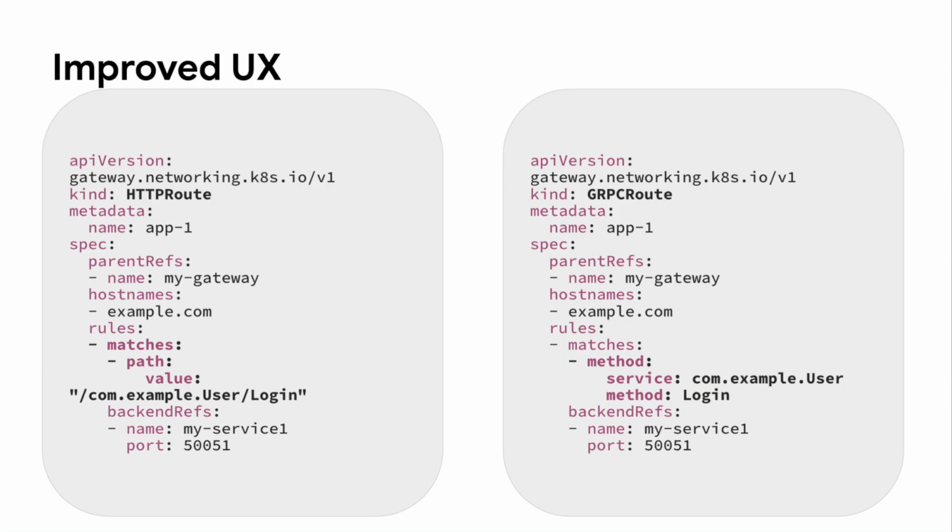Method matches abstract that complexity, allowing you to route traffic based on gRPC services and methods directly. In common scenarios where you route an entire service, simply omit the method field. For more specialized cases like routing all RPCs with a method name across multiple services, you can omit the service name. We have more user experience improvements planned for gRPC.